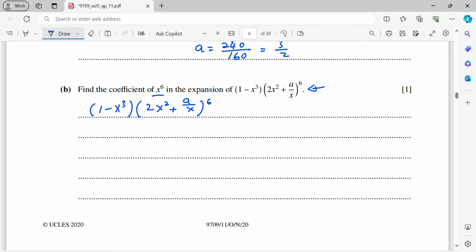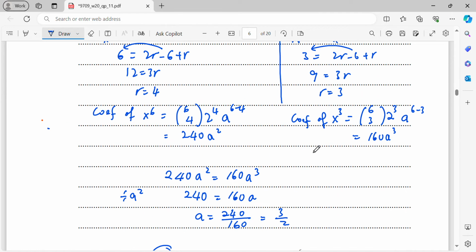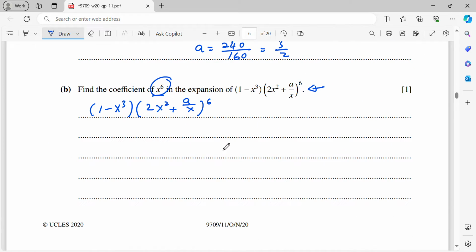Okay, so for this case, probably I will just find directly first because this is x6. Just now we have solved x6, right? x6 is this result. Okay, but this is just for the second bracket. So now I just do the expansion first. So 1 times the bracket and minus x cubed times the expansion.